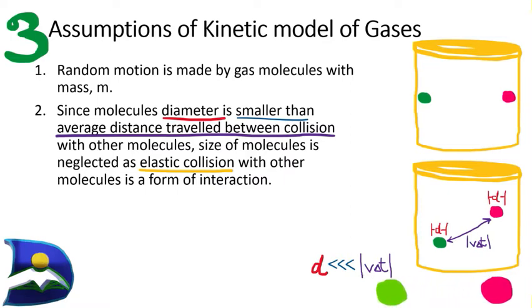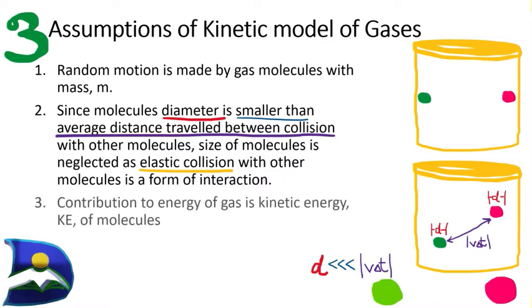So this elastic collision leads us to the idea of momentum created in this scenario. The big takeaway is that the diameter of a particular molecule is way smaller than the distance between the two molecules in a specific space or volume.